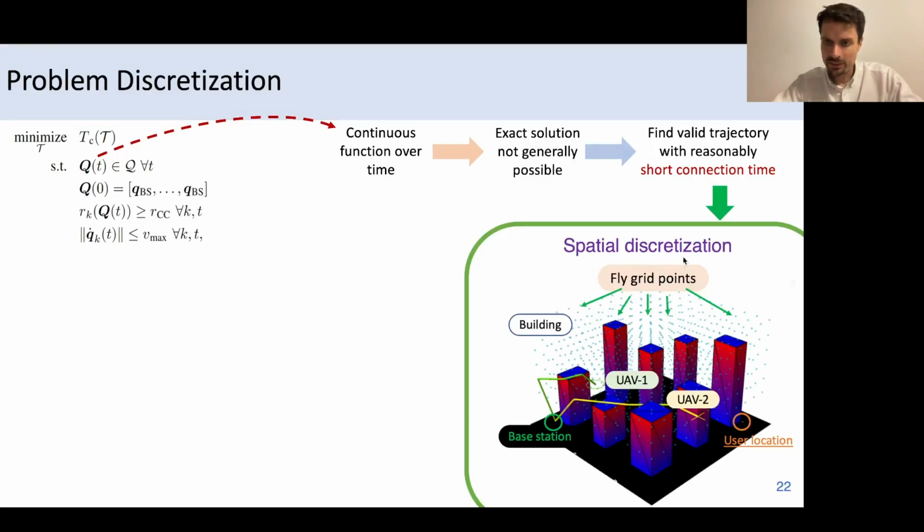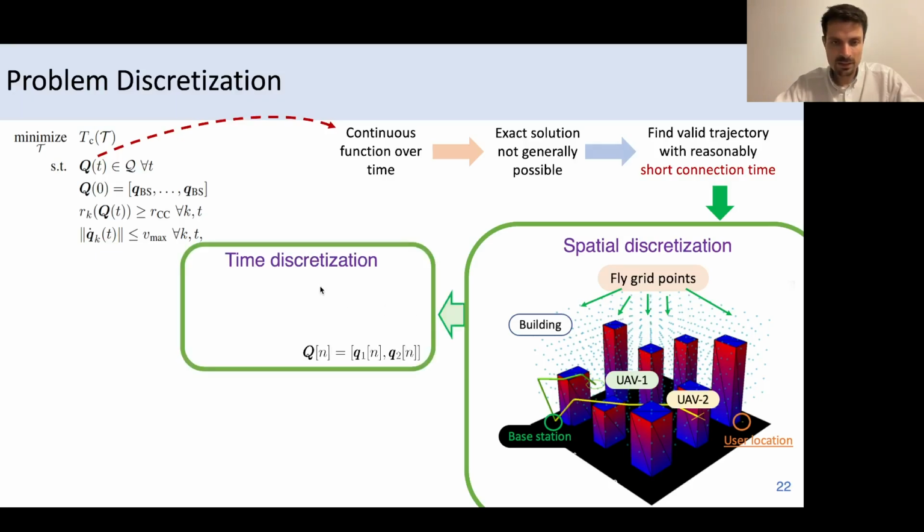To do that, the first step is spatial discretization. We discretize the allowed flight region by defining a grid and removing the points inside buildings, inside no-fly zones, and so on. And then we also discretize the trajectories over time.